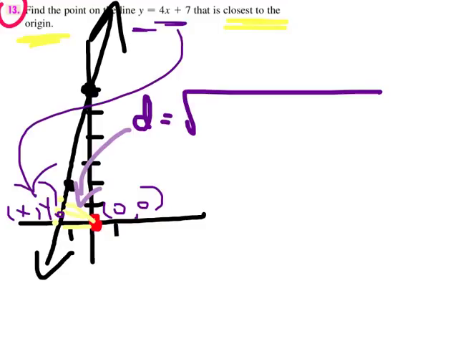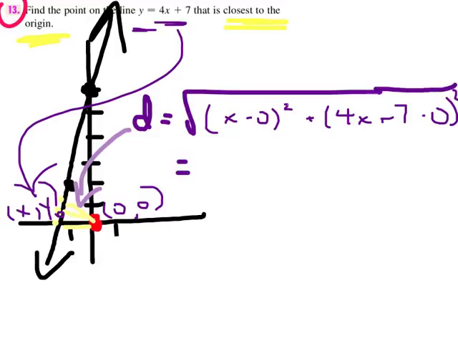So let's go: quantity x minus x, quantity squared, plus y minus y, quantity squared.